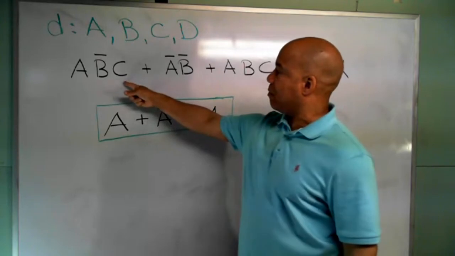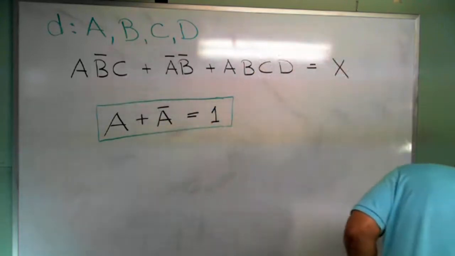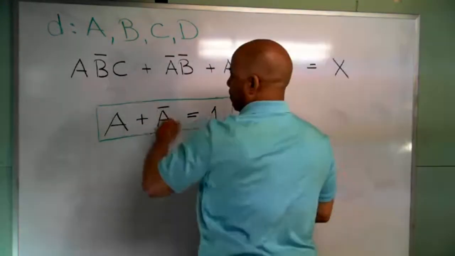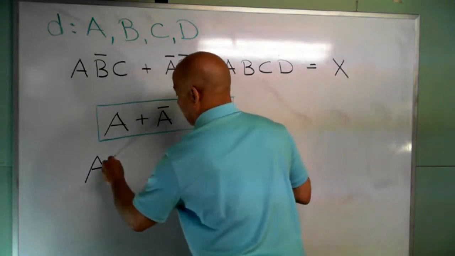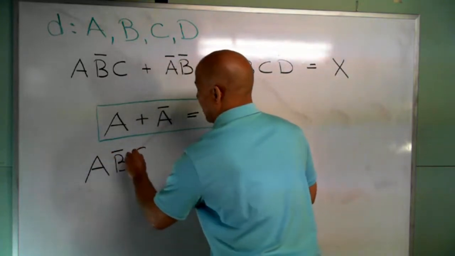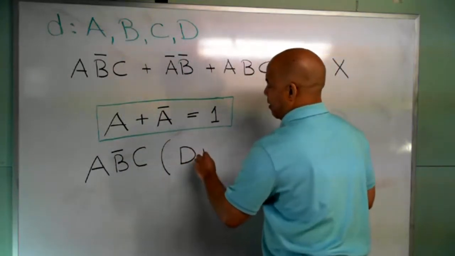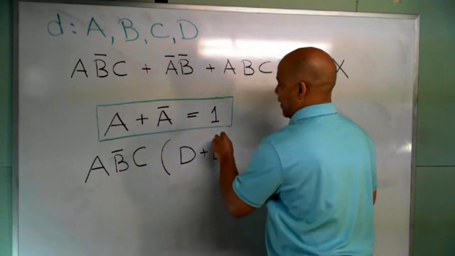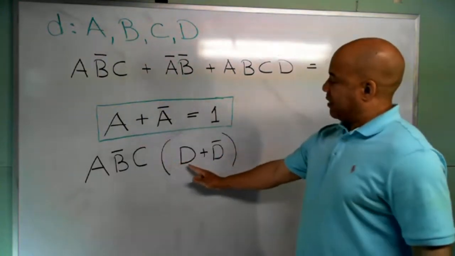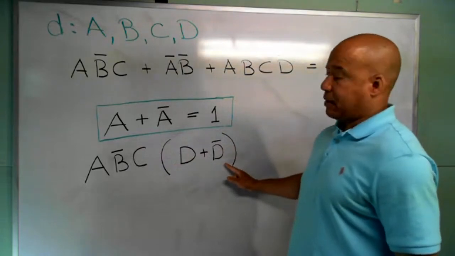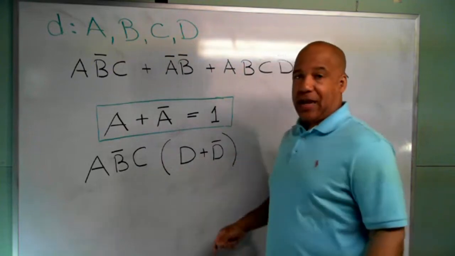We're going to AND this term with the thing that's missing, using a variable and its complement. We'll take this term, and I'm missing a D, so I'm going to AND it with D or D naught. I'm allowed to do that because D or D naught is a 1, and by ANDing or multiplying by 1, I don't change the logical value of it.